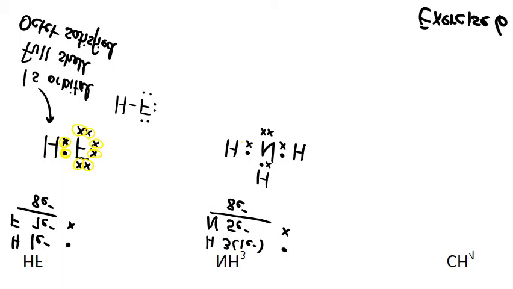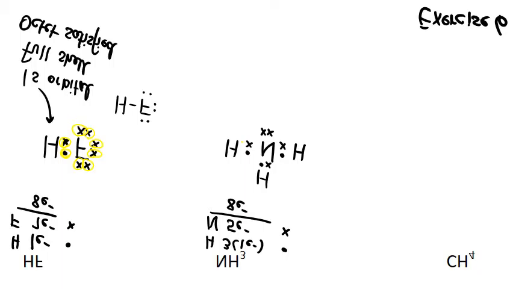So I'm going to start with the hydrogen on the left, and I'm going to make a bond with 2 electrons between the hydrogen and the nitrogen. I'm going to go to the next hydrogen, because if that hydrogen has a dot and an X, this one's going to have a dot and an X as well. And the third one's going to do the same thing.